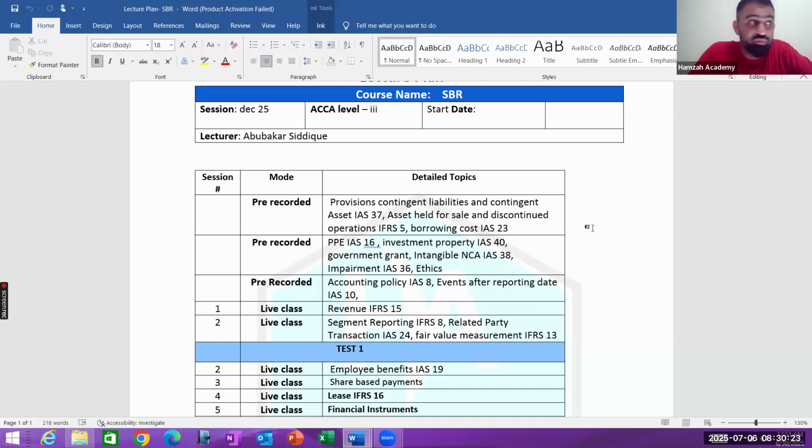These are topics which you have studied in depth at financial reporting level. There is nothing new which we can learn at SBR level relating to these accounting standards. These are completely covered in FR.